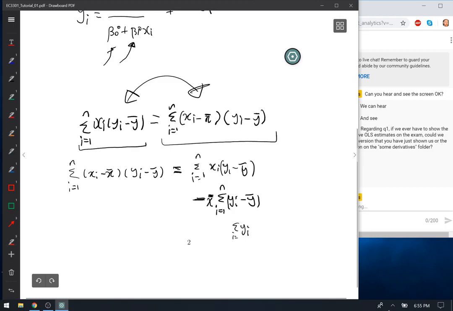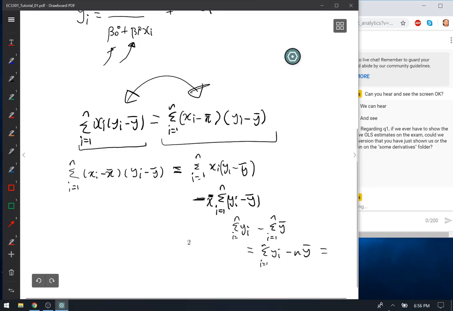The last term is then nought, because if you expand out the sum of yi minus y bar, you're going to get the sum of yi minus the sum i equals 1 to n of y bar. Because y bar is constant, it's y bar added together n times. So it's sigma i equals 1 to n of yi minus n times y bar.